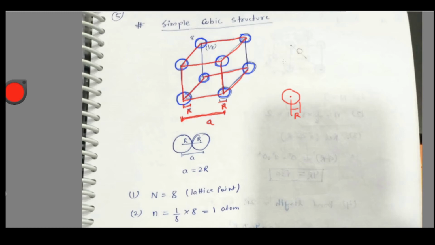So here the total number of lattice points is 8. Capital N is the lattice points. So 1, 2, 3, 4, 5, 6, 7, 8. So total 8 lattice points.